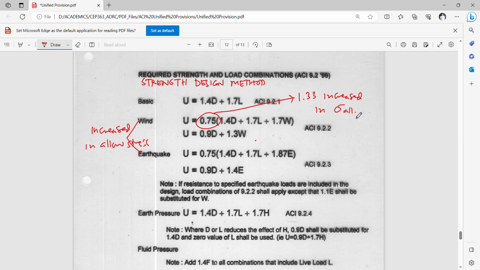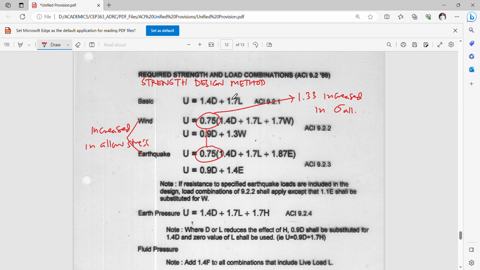So this is the reason why we have a 0.75 value there. And the rest are strength design load factors or overload factors we've been familiar with as far as the old ACI code is concerned.